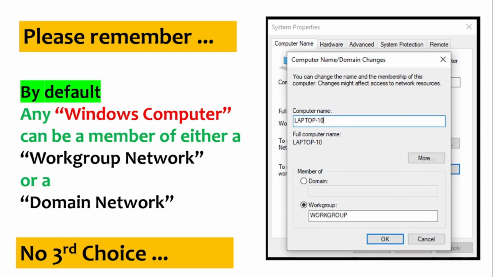If you look at this picture, the computer named Laptop 10 currently is a member of a workgroup. So we don't have any other choice, either domain or workgroup. Whenever we build a new Windows computer, by default it is a member of a workgroup, and afterwards we need to join that computer as a member of an Active Directory domain.